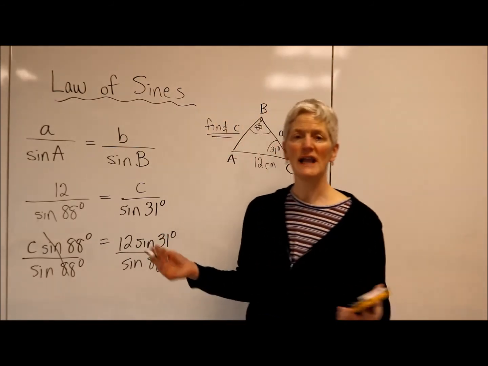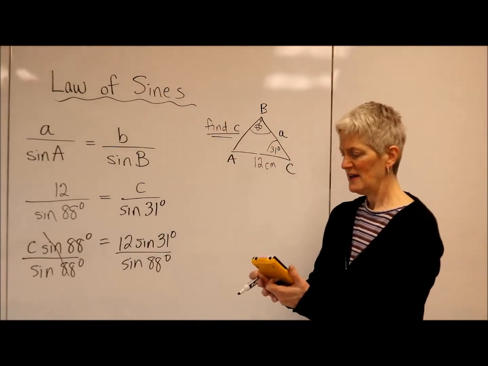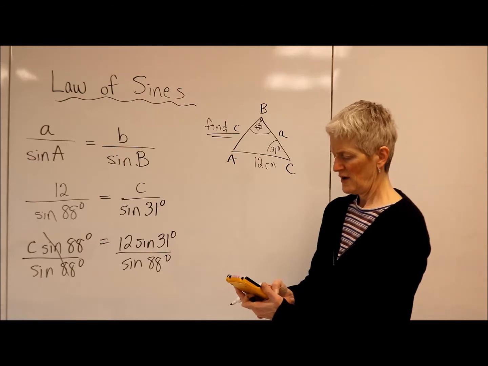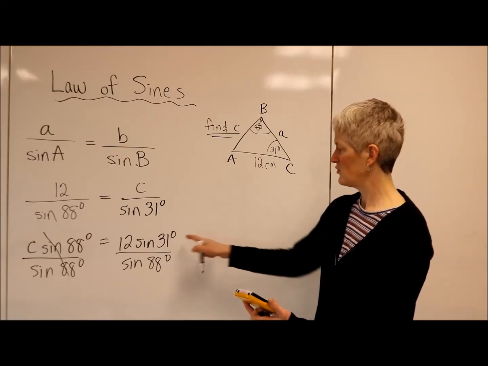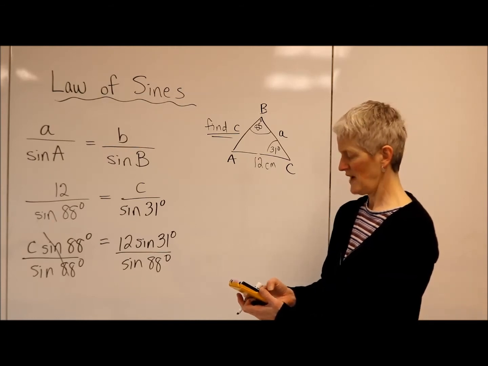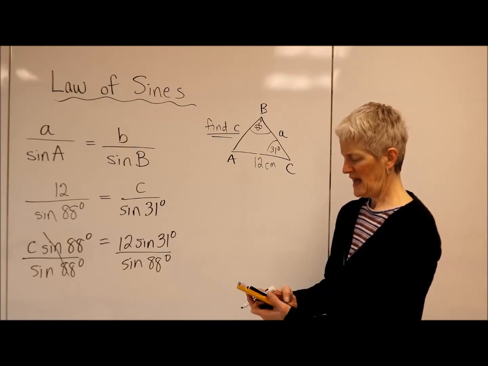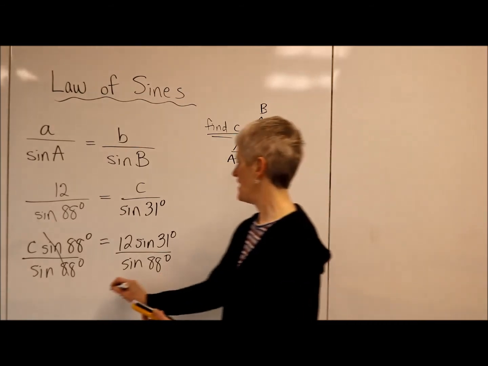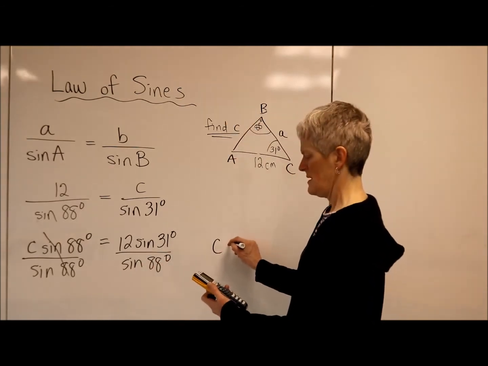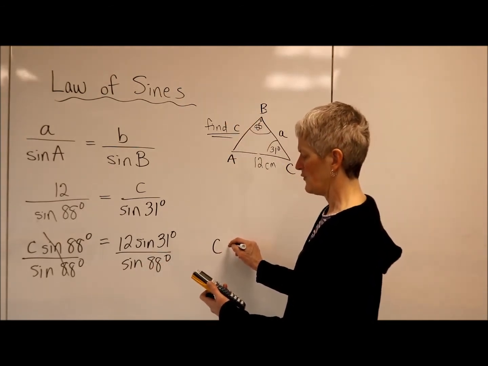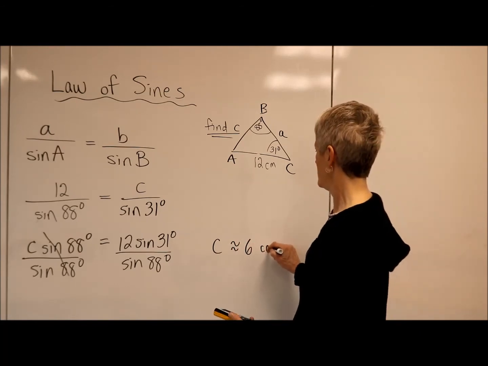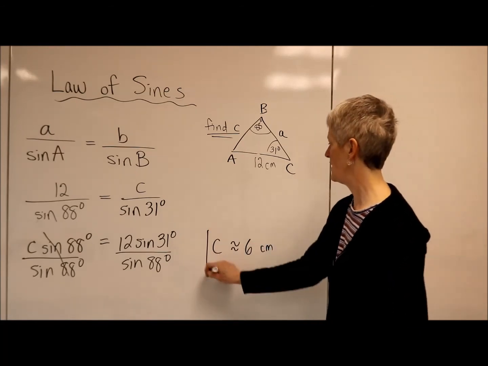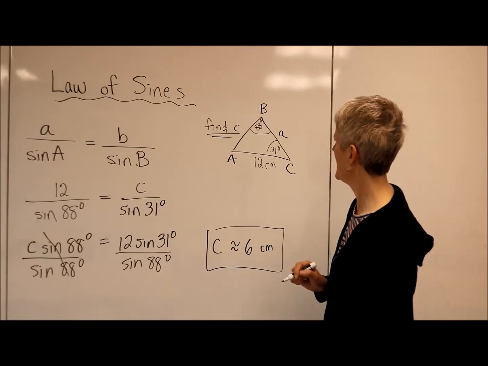Again, we're in degree land. Make sure your calculator is in degree land. Very simply, put this in your calculator: 12 times the sine of 31 divided by the sine of 88. And we get, for c, 6.184. So that's around 6 centimeters would be the side. Okay?